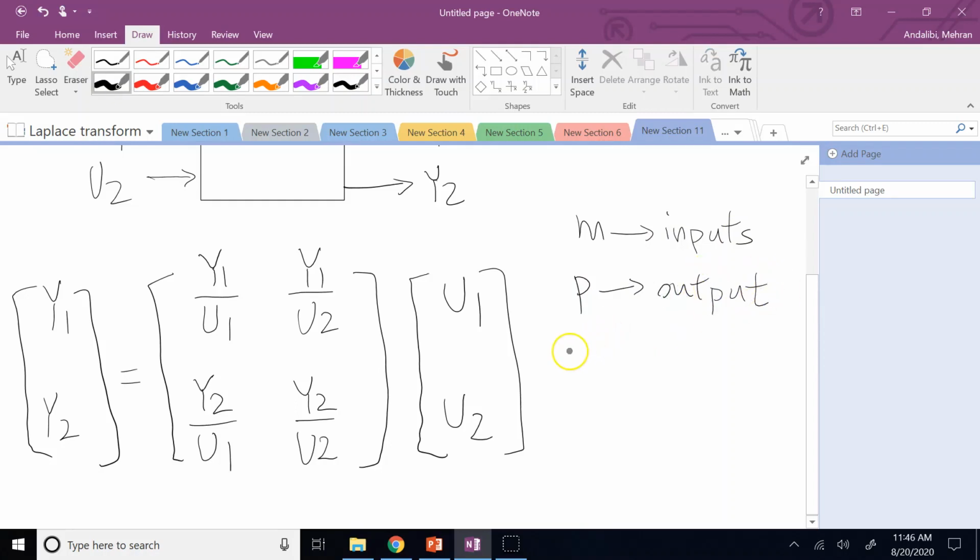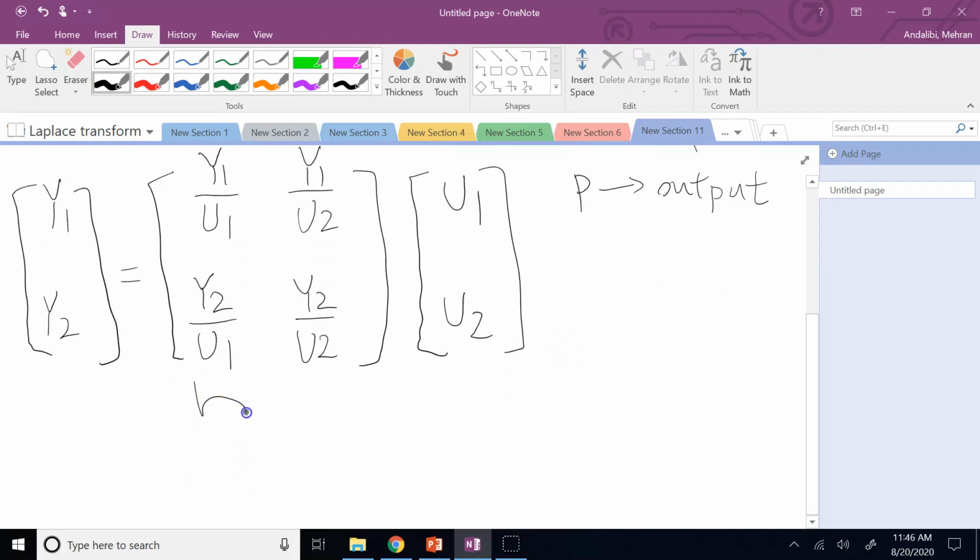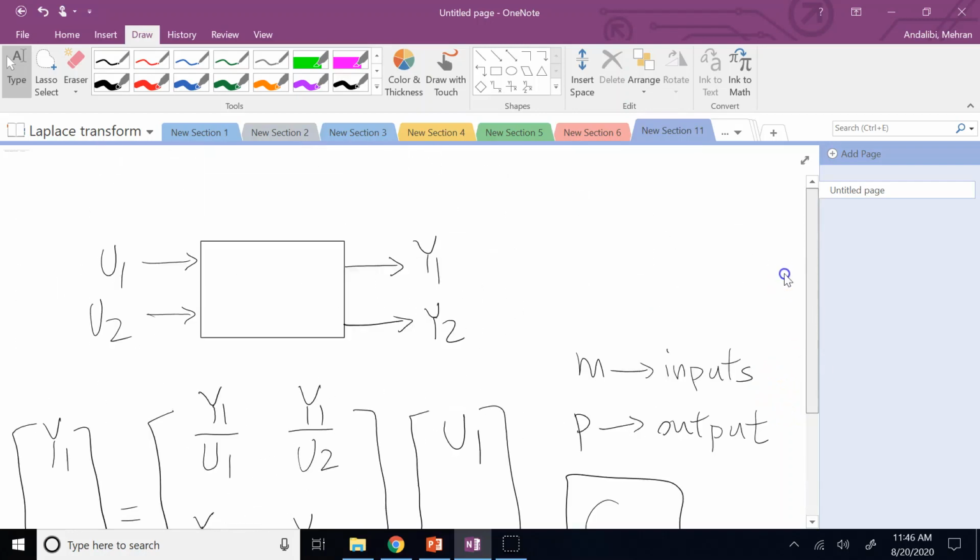Then your transfer function matrix, if you call it G, your G is going to be what by what? Because this guy in general is P by 1, this is M by 1, so this is going to be P by M. Okay, you're going to have P times M transfer functions, okay?